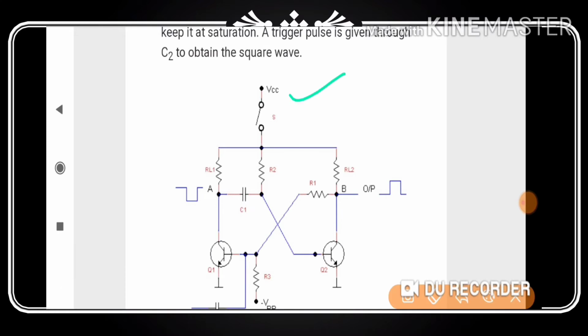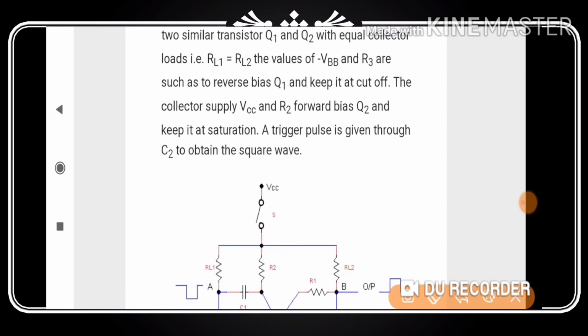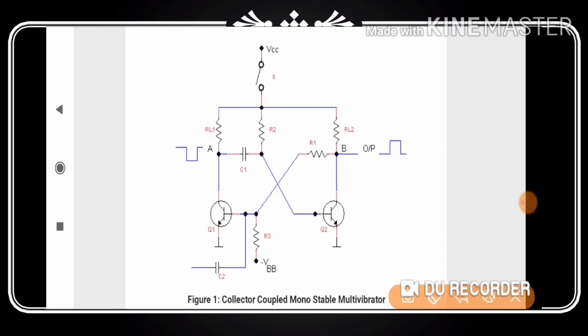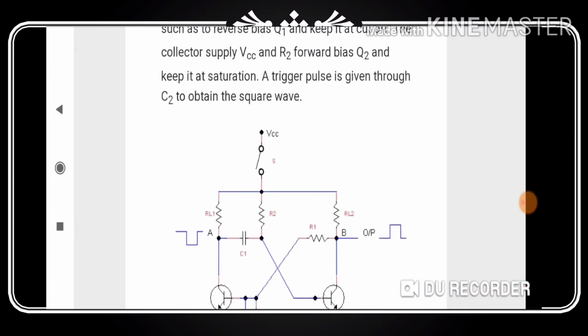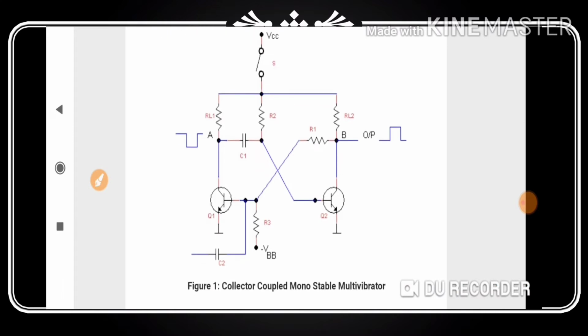VCC and R2 forward bias Q2 and keep it in the saturation region. A trigger pulse is given through C2, which generates the square wave. This is the construction of the circuit diagram.